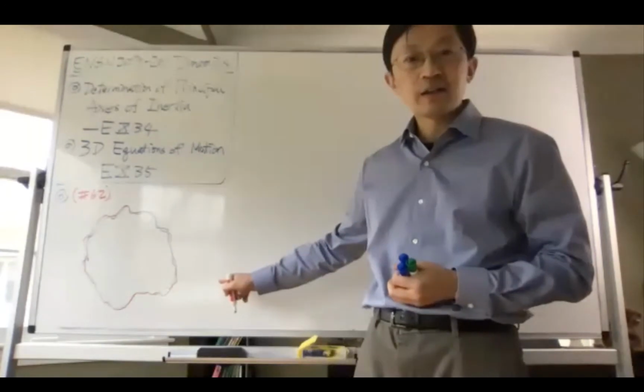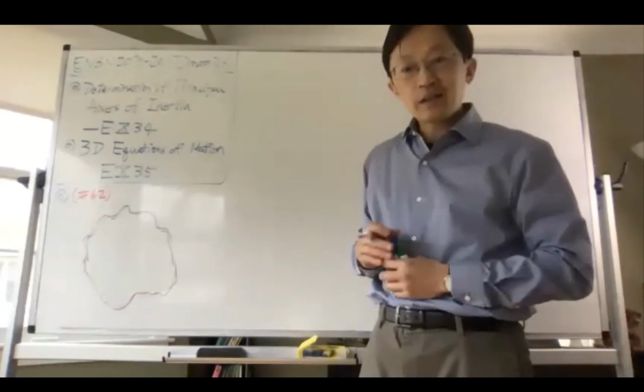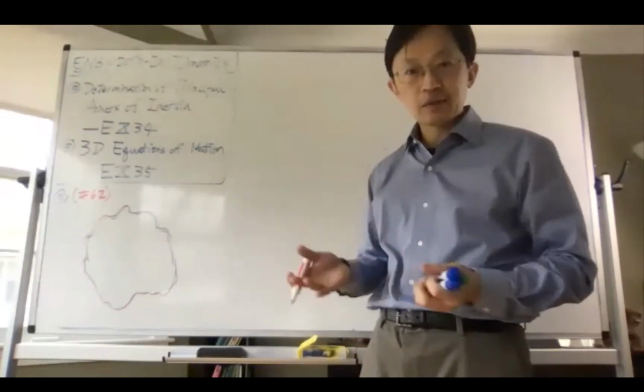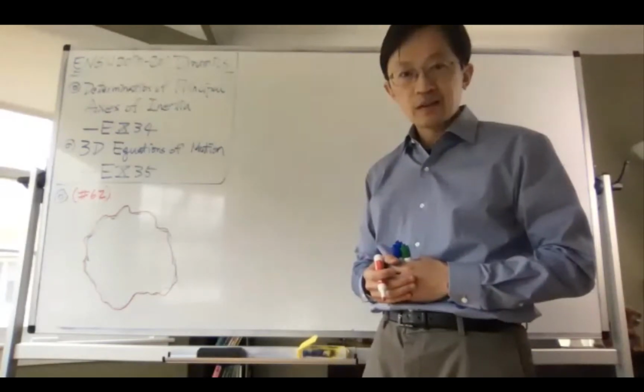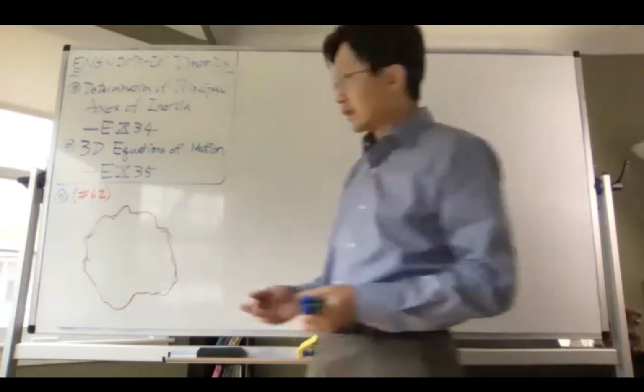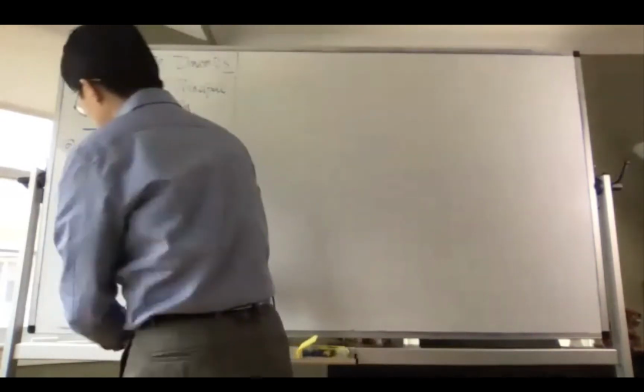You cannot find the axis of symmetry. In that case, can we still define the three-dimensional coordinate system at the center of gravity? Suppose you know the center of gravity, you just don't know whether they are symmetrical or not.